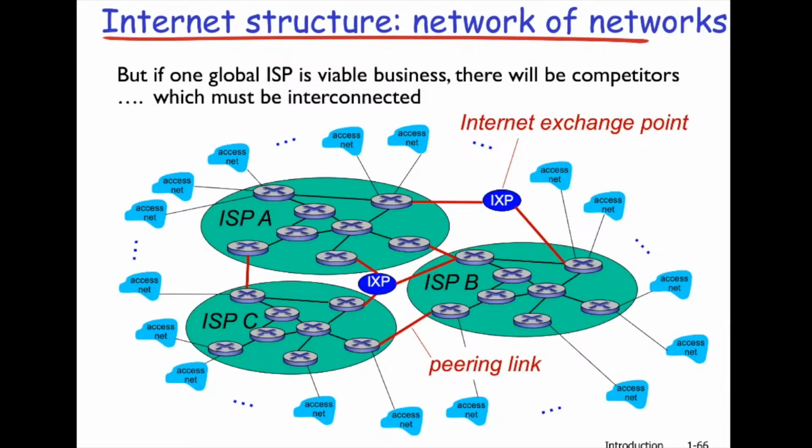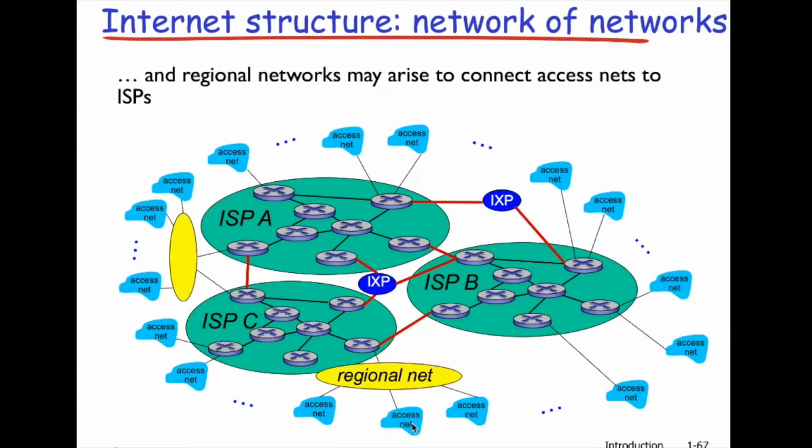But over time, we see more. Local communities such as this one and this one here can also grow. When there's enough number of these access nets around, we begin to see regional ISPs showing up. What these regional ISPs are doing is offering lower price internet access to the access nets, and trying to negotiate internet access with the global ISP at a lower price.